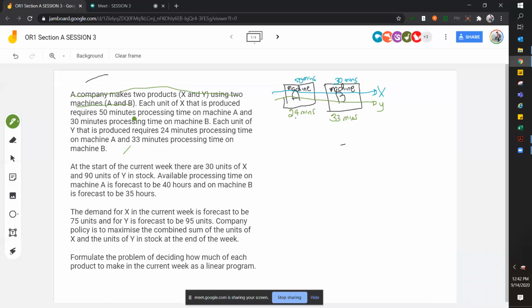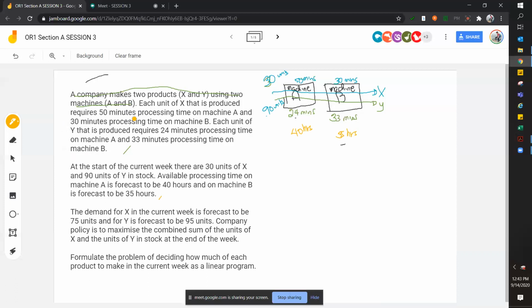The start of the current week, there are 30 units of X initially, and 90 units of Y. And then, the available processing time on machine A is forecast at 40 hours, and machine B is forecast at 35 hours.